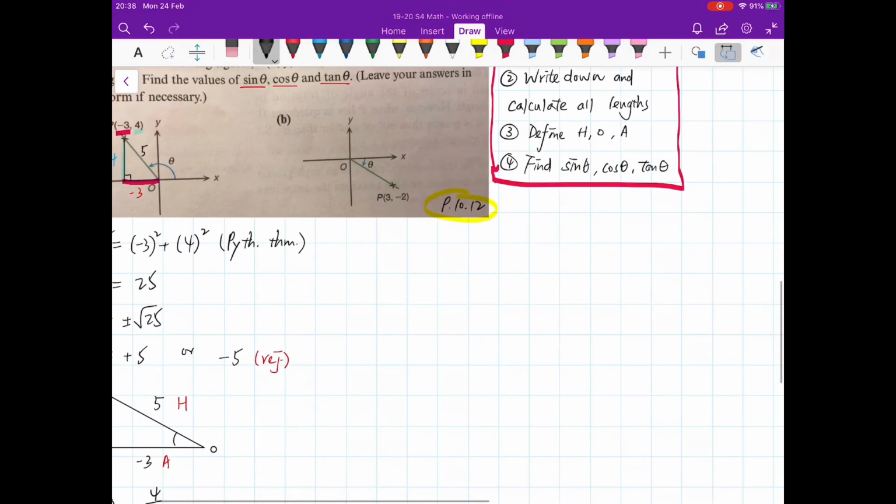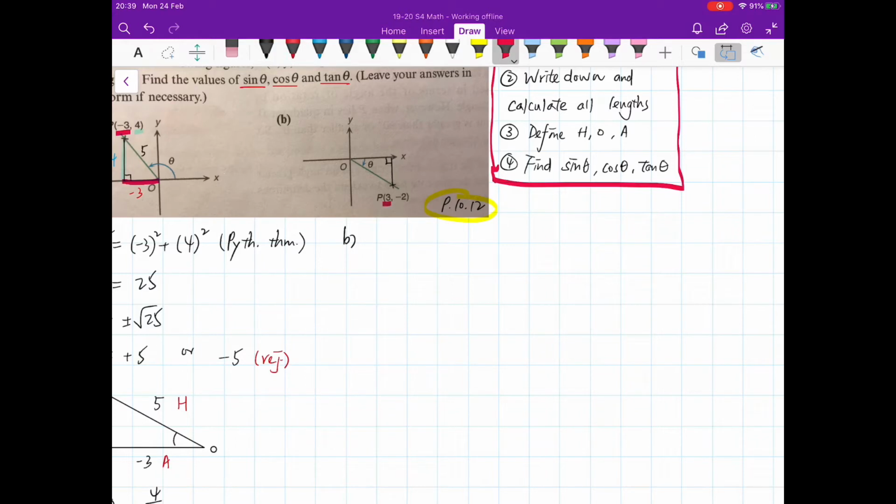So let's move to part B. As you can see now, OP is in quadrant 4. According to our notes, the triangle should be constructed in this way, so that we have the right angle triangle.